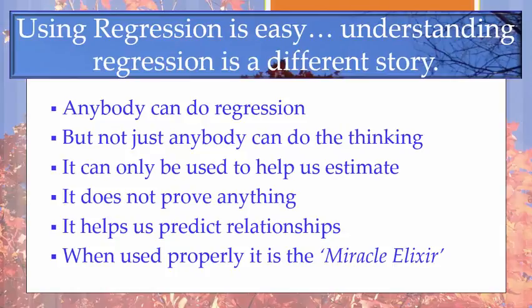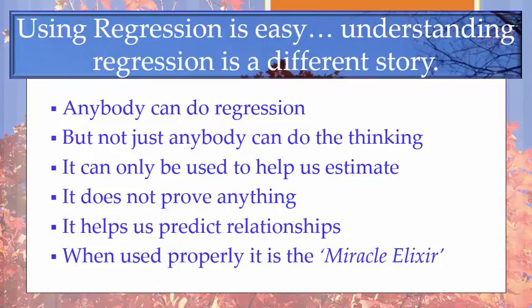So of course we know regression is best when done properly, but it's also important to understand that anybody can do a regression, but not just anybody can do the thinking that supports a regression. And that's what separates one group of people from the other. I know I talk in this class a lot about the importance of numbers, and I talk a lot about understanding what the numbers mean, but I can't really emphasize this point enough.